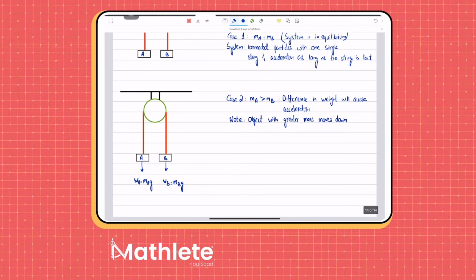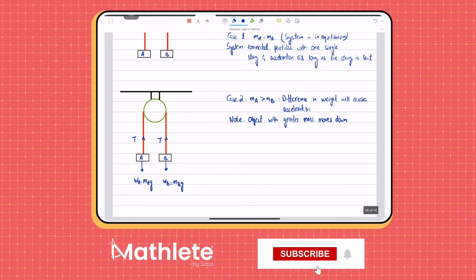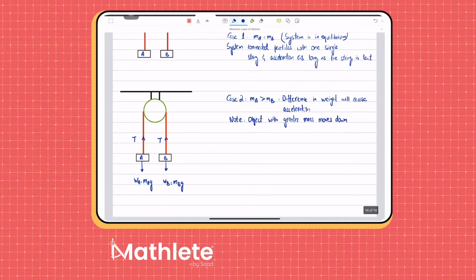Tension, as we know, always acts away from the object or the particle. Now because A has a greater mass, A will accelerate downwards, and consequently B will accelerate upwards. Why?